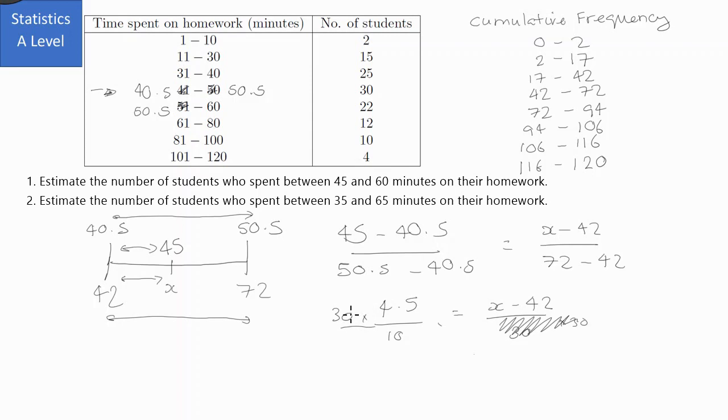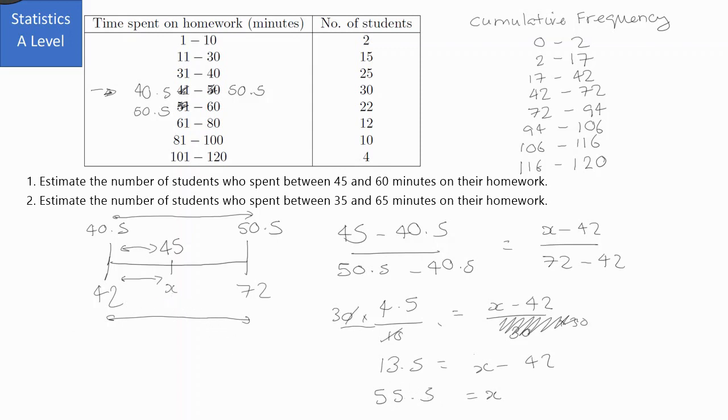We can be a bit clever here, because 30 and 10 share a common factor of 10. So we can just divide through by 10, and then we're left with 3 times 4.5, which is 13.5. So we know x minus 42 is equal to 13.5. Add 42 to both sides, and x must be 55.5.